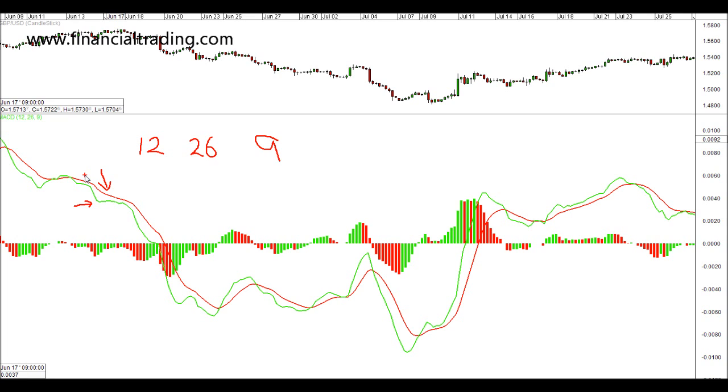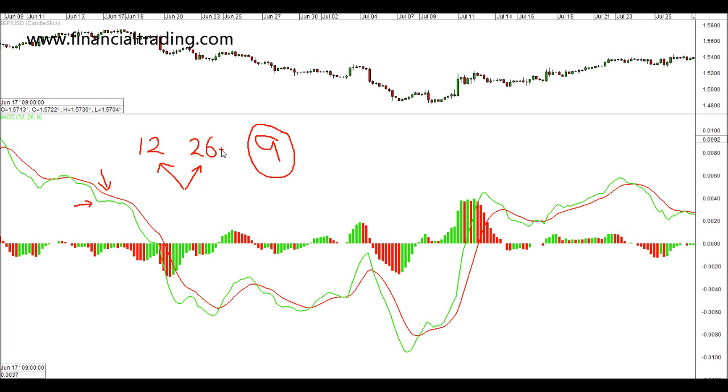But actually the moving averages are moving averages of the difference in price of these two moving averages. So our setting at 9 is the last 9 candles and the difference between these two moving averages.